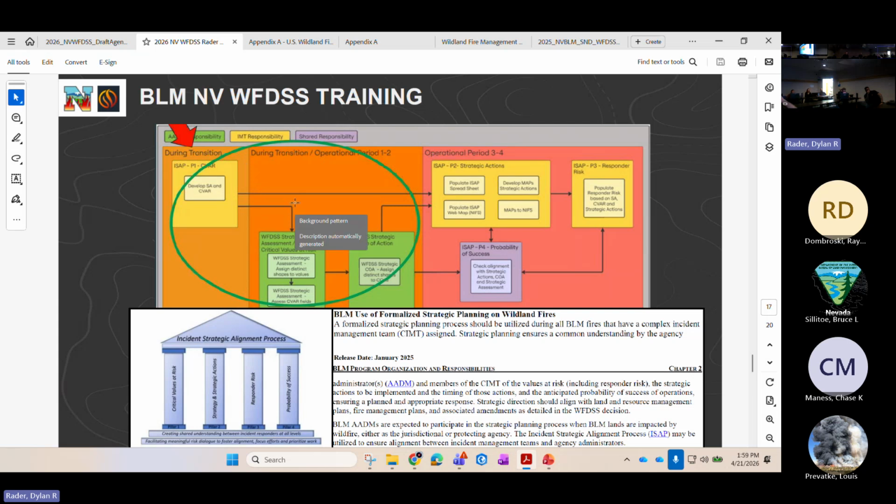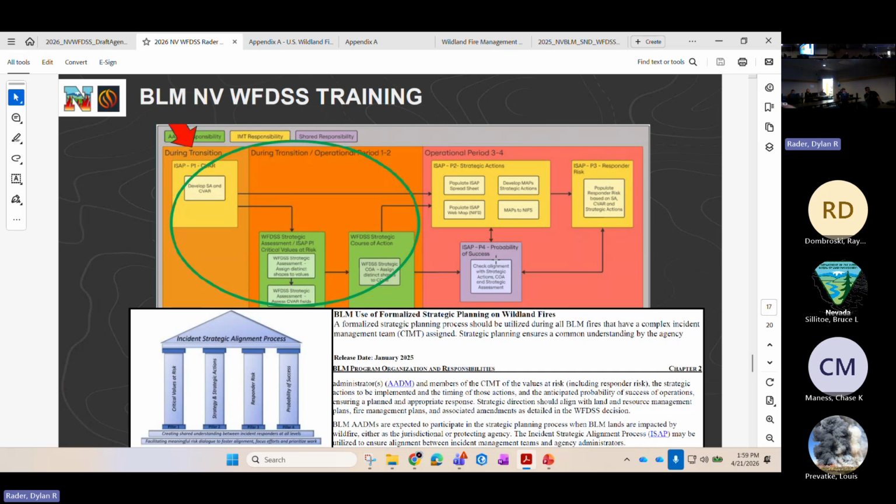If you can have your WFDSS decision done, your critical values at risk identified, and make them part of a good quality in-brief, that sets that team up for success, where they're not spending the first 2 days trying to get that information from you, and then finally getting their feet under them on day 3, 4, and 5, which is historically what we've been seeing over the last couple of years.